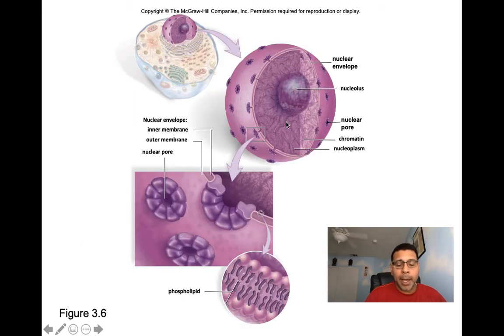Here you can see that. So what we've done is we've highlighted the nucleus, and here you can actually appreciate all of that chromatin inside of here, besides the nucleolus. And then here you can appreciate that double-layered nuclear envelope, and all of its nuclear pores.